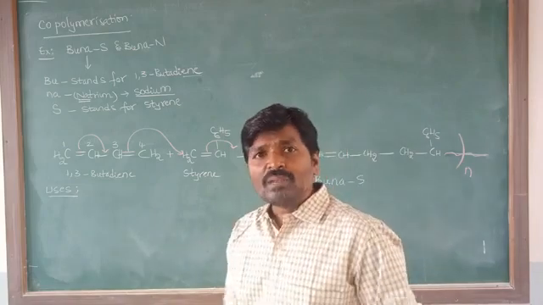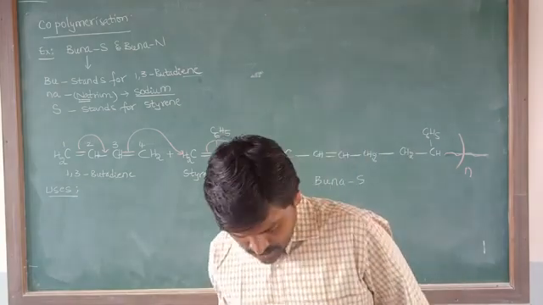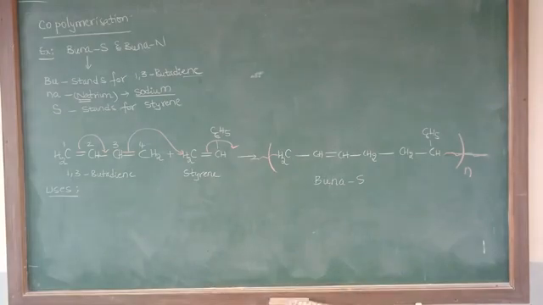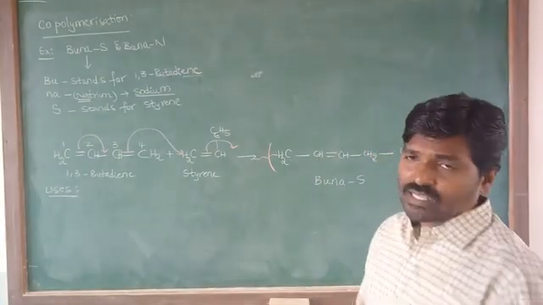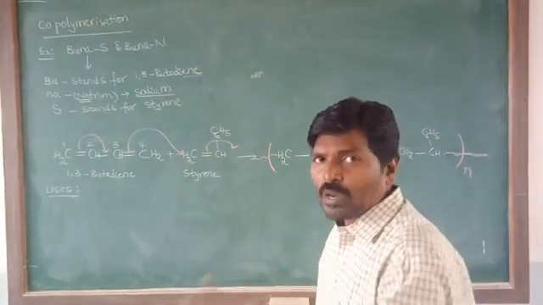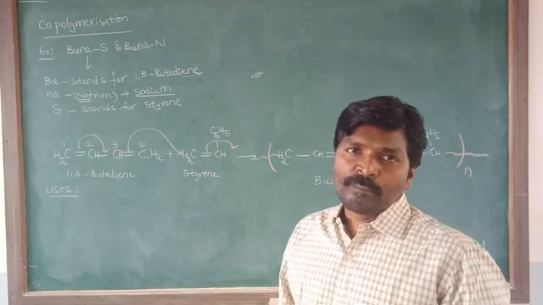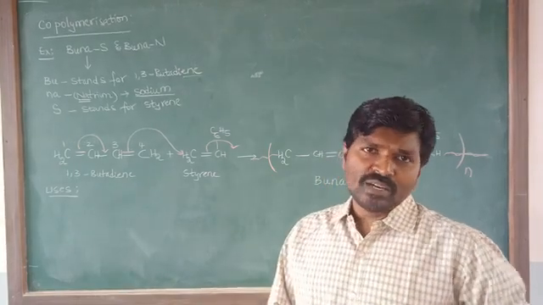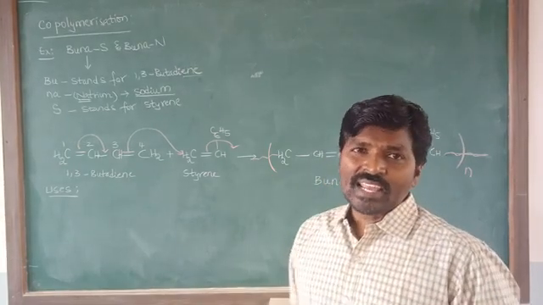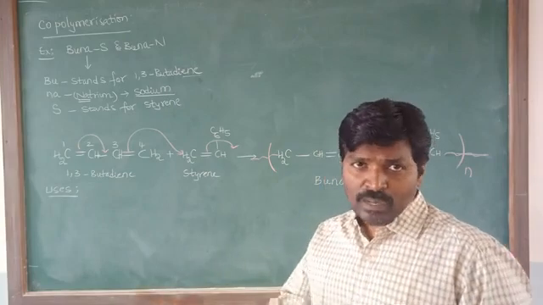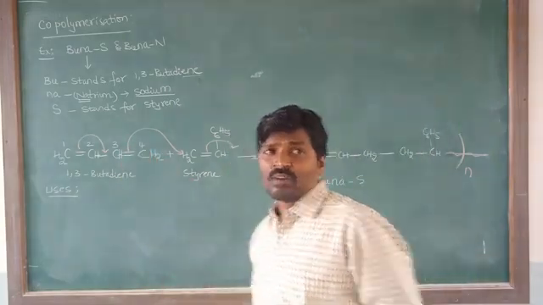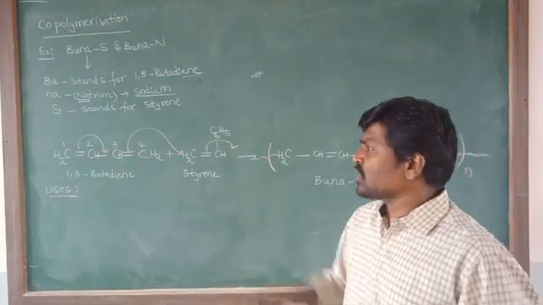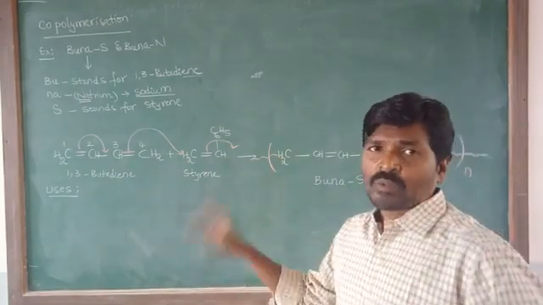Now these copolymers exhibit some different properties when compared with the homopolymers. Sir, why do they exhibit different properties when compared to homopolymers? Because here we are taking different types of monomeric units. That's why they exhibit different properties here.